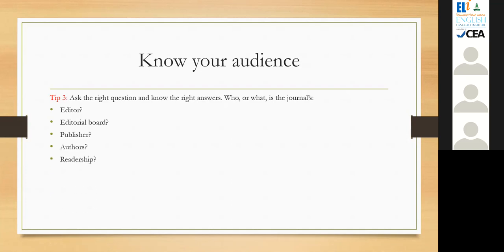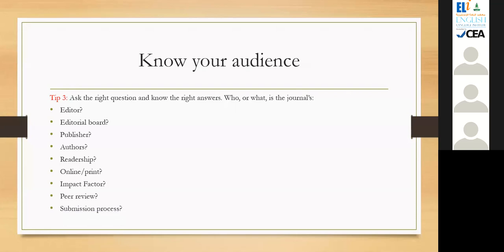The readership: do they have a number of readers who read the articles in that journal? Is it online or print? Does it have an impact factor? I will explain this specifically later on. Is it peer reviewed? That means it goes through a process of reviewing. Also, I will explain this thoroughly.